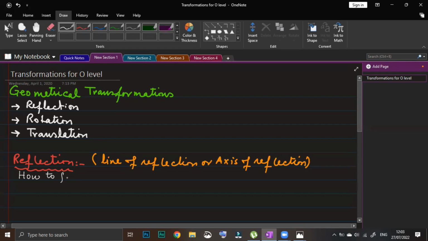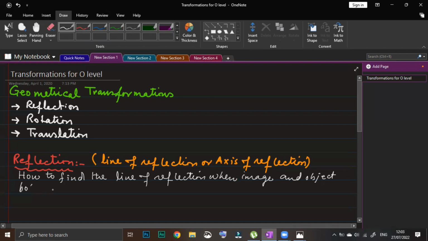How to find the line of reflection when image and object both are given.